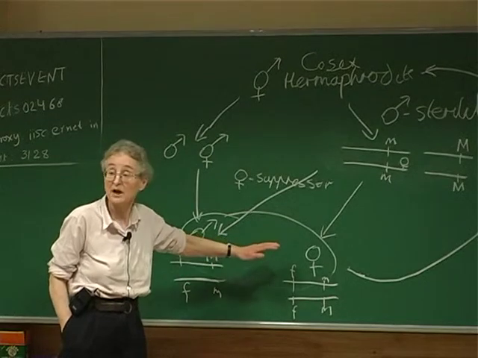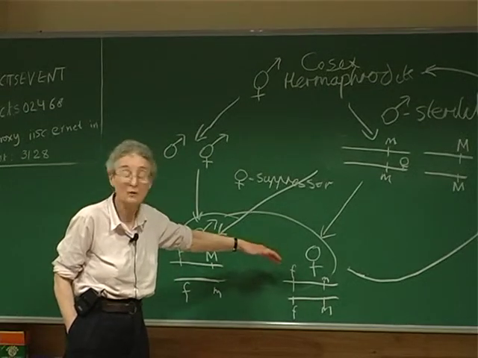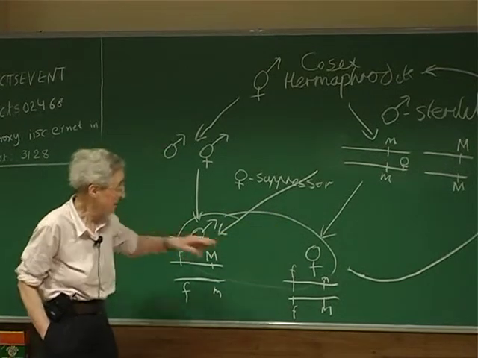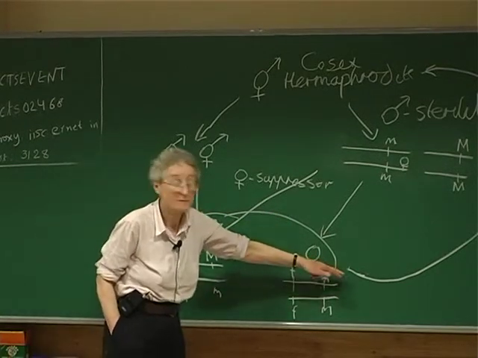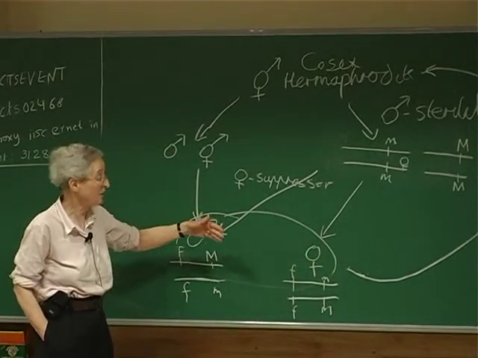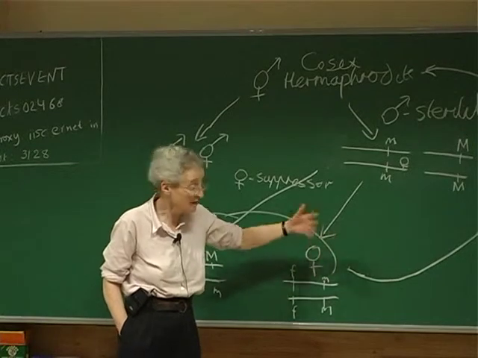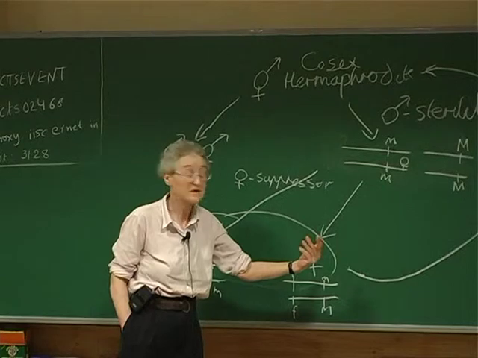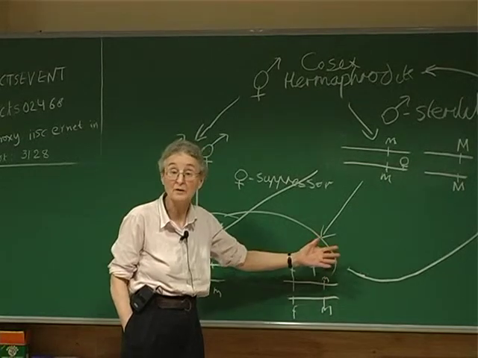the environment might change so that now female or male fertility or both are not good. And then, as I said, it would be advantageous for either females or males to have a back mutation so they are able to function at least enough as the other sex to fertilize their own gametes and produce progeny on their own.